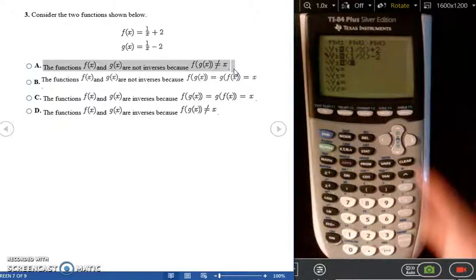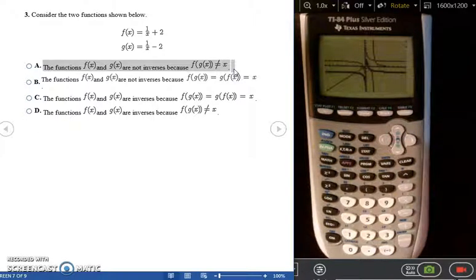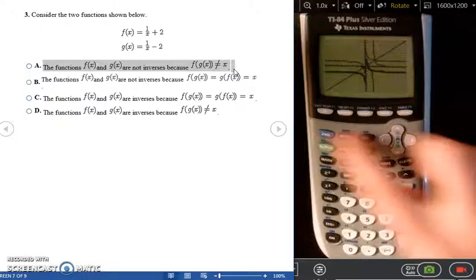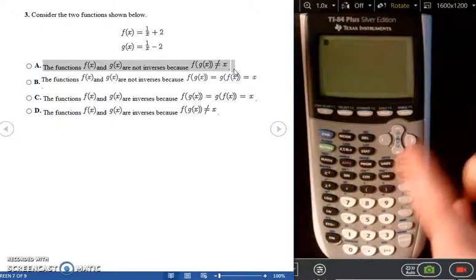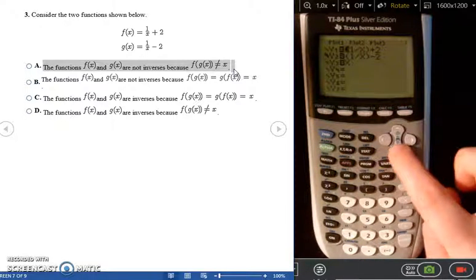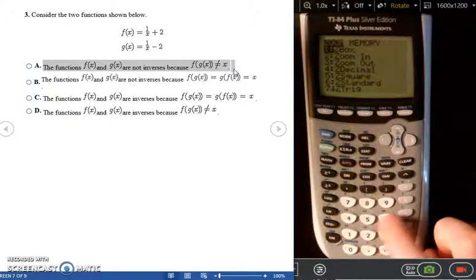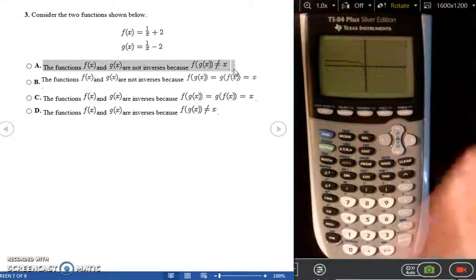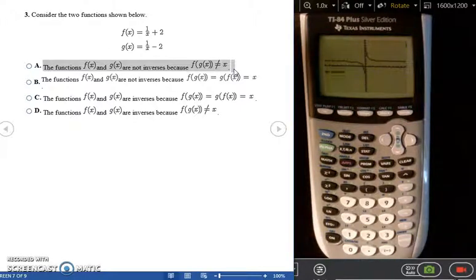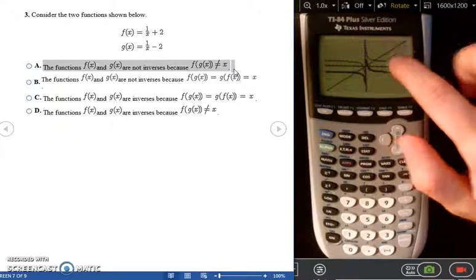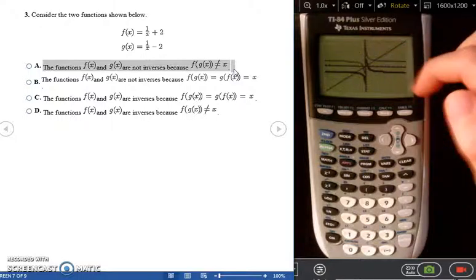So if I go ahead and graph that, first let me clear this all out and press y equals, and then I'm going to do zoom standard, which is 6, and that clears up your graph so it regraphs everything. And so what that does is it gives me that y equals x line that those 2 graphs should be reflections of.